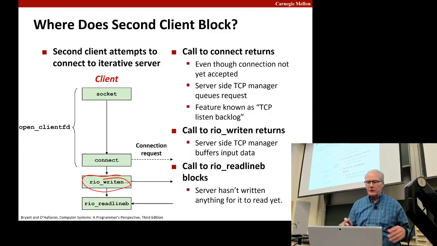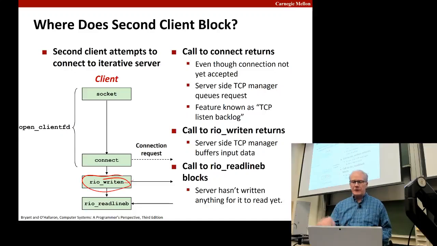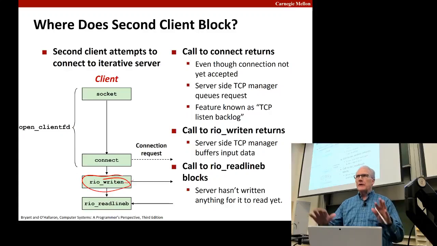And it's a slightly subtle feature of TCP, the network protocol, that it will return from connect even though it doesn't have a connection. Partly as a way to speed things up once a connection is formed. But whatever, that particular feature isn't really important here. It's just a little thing you might notice. But the point is that the second client is blocked. It can't do anything as long as the first client is connected.